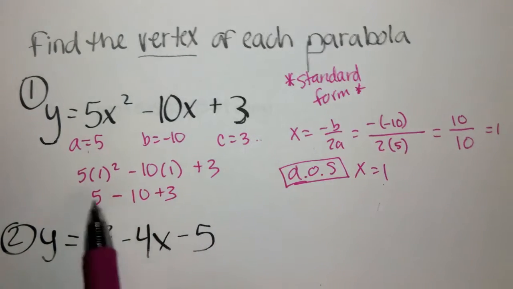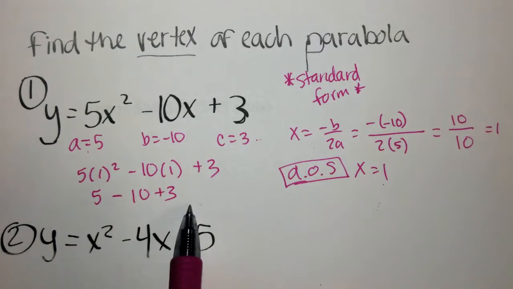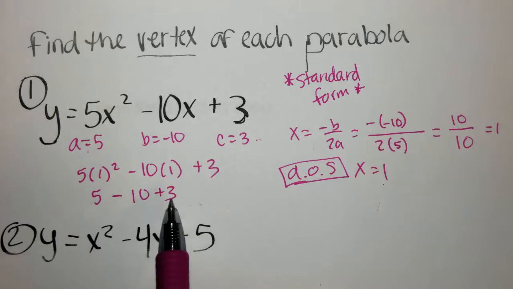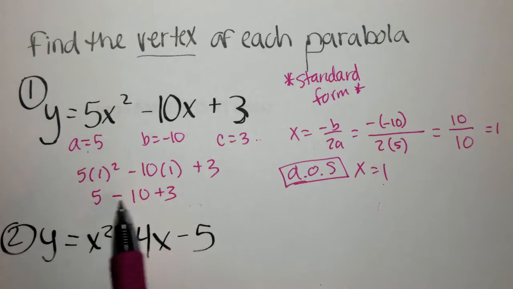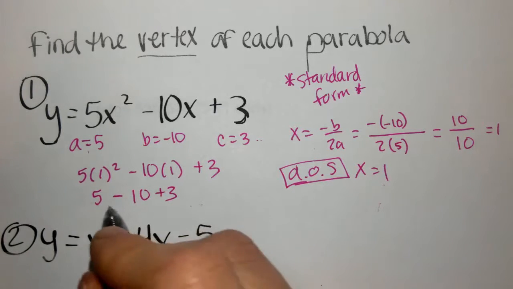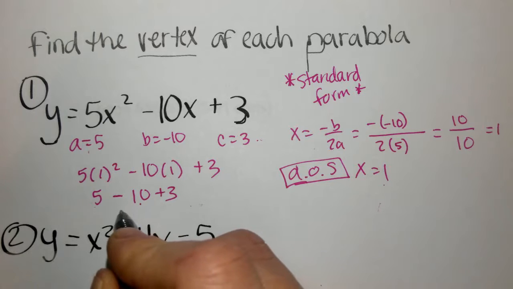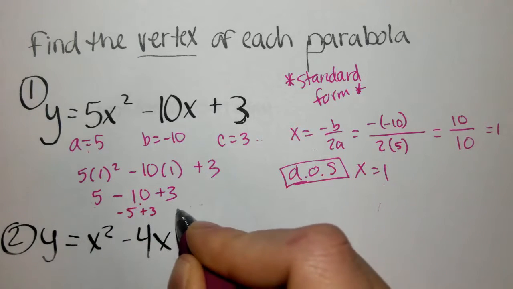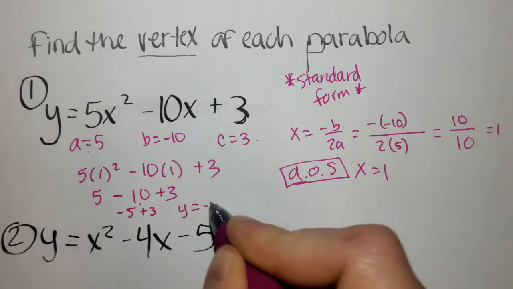And remember, when you have this order of operations happening, you want to make sure you go left to right when it's just addition and subtraction remaining. You do need to deal with this multiplication and exponent first. So 5 minus 10 is negative 5 plus 3. And now we're going to get the y is negative 2.